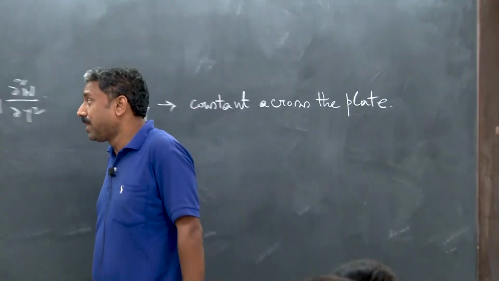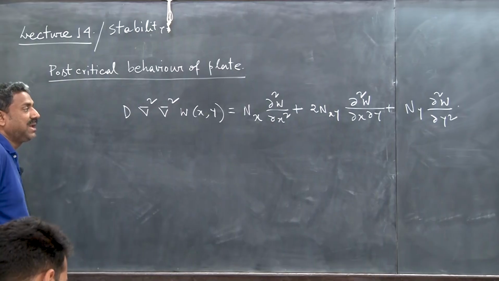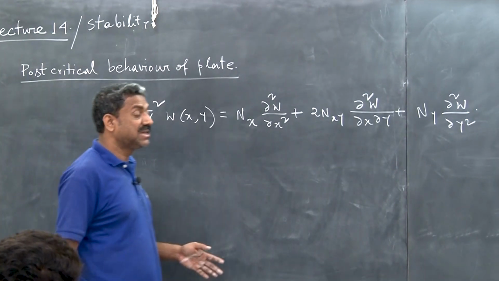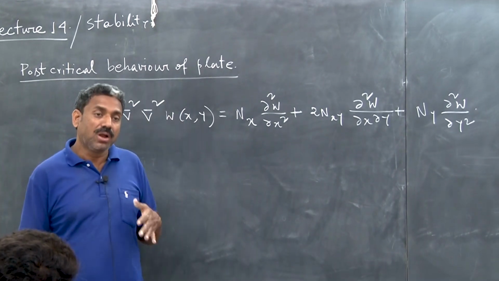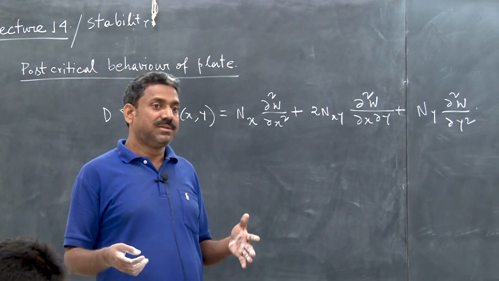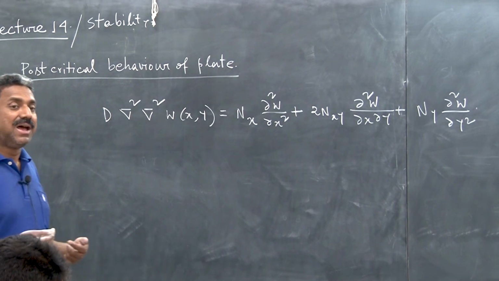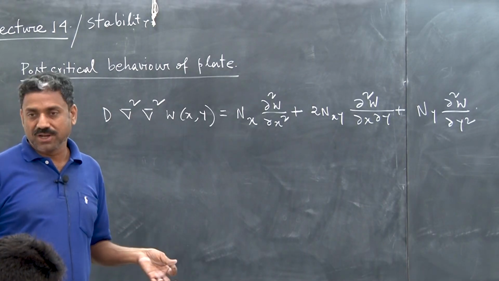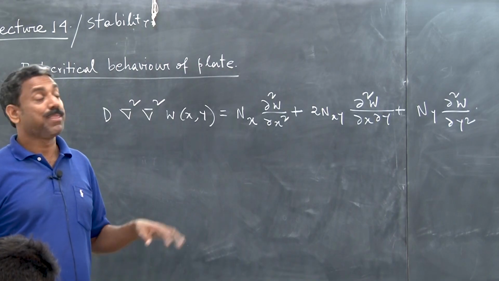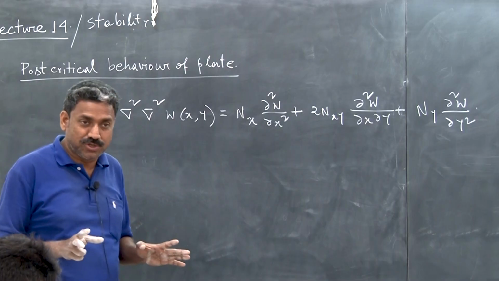But as soon as a plate buckles, what will happen? This Nx, Ny and Nxy will no more remain constant across the plate. They will redistribute. And why do they redistribute? Because in a column there is no provision for redistribution, because it is one dimensional, but a plate is two dimensional, so there are provisions for redistribution.